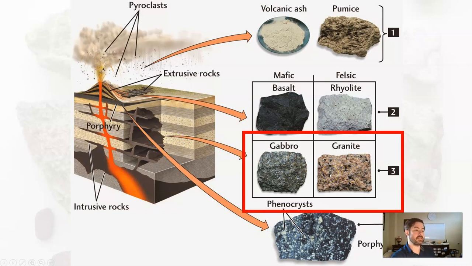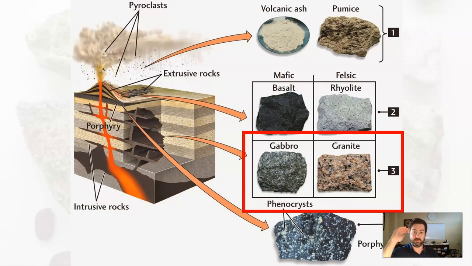Now, what's interesting to note, because magma and lava are the same kind of stuff, it just depends on where it cools, right? We can get igneous rocks that chemically are the exact same stuff. Maybe it's magma below ground and it's lava above ground. Maybe some of it cooled below ground, some of it extruded to the surface.